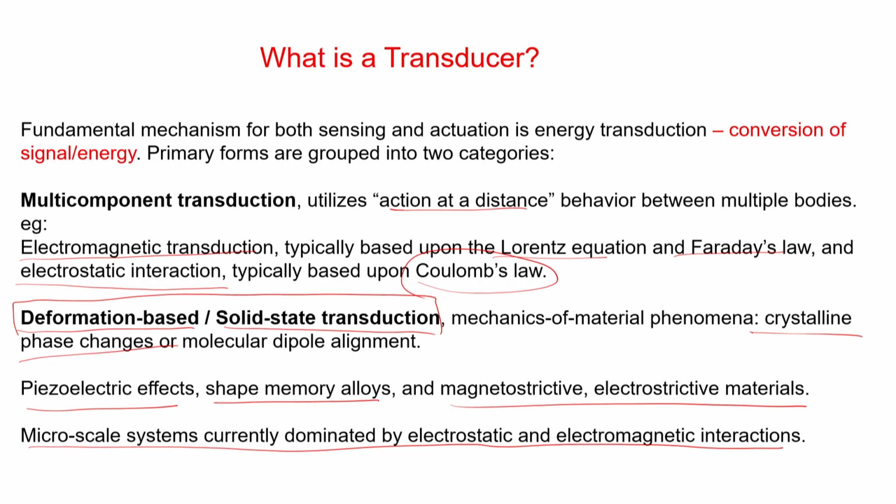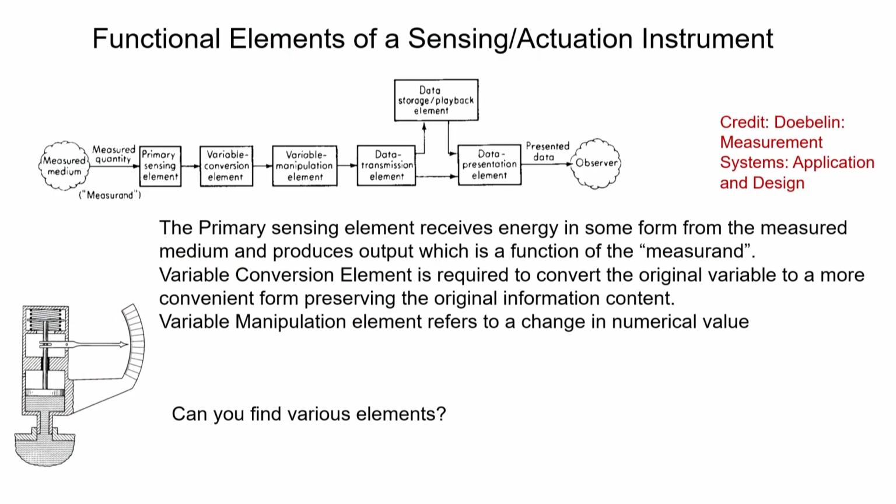Now, let us say what is the basic component of a transducer? Well, what are the functional elements of them? The first point is of course a measurement system, and that measurement medium, which you are trying to measure, and then you are measuring a quantity in it, and then there is a primary sensing element there. That primary sensing element is changing this measured quantity in terms of a variable conversion element.